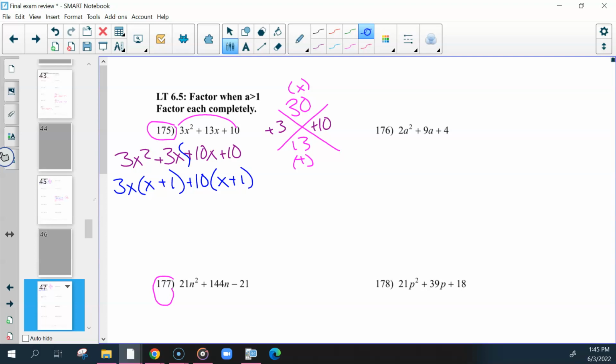And then our final factor would be 3x plus 10 and x plus 1. Do we have any questions on that one?